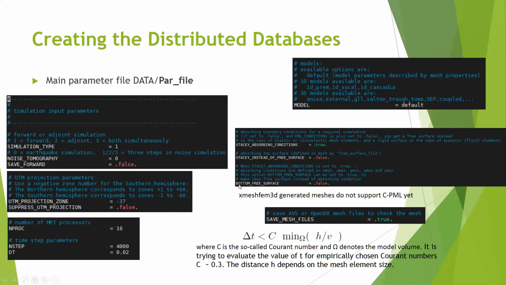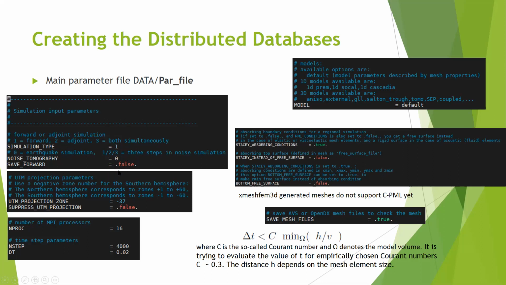So after you build your velocity model, you still need to set some main parameters in the par file of the data folder. In this file, you should give a simulation type; just simply set it as 1 if you just simulate synthetic waveforms, because it can also do other work like joint or backward propagation. But for simulations, you can set it as 1, and you don't need to do noise tomography, so set it as 0.